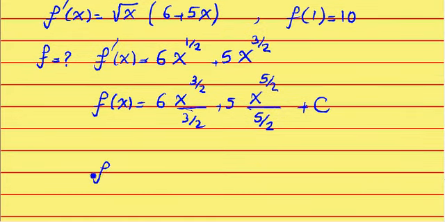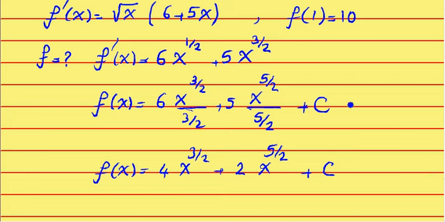Let's go ahead and clean up some. F of x: this is 2 times 6 over 3, that makes 4. And here 2 times 5 over 5, that's just 2. So that's our function.